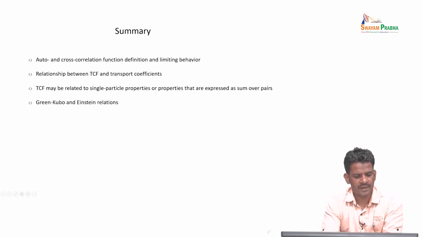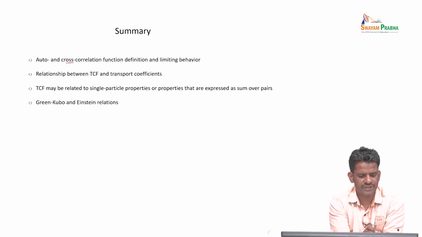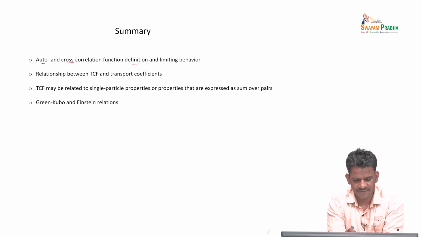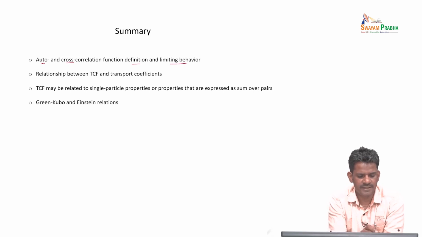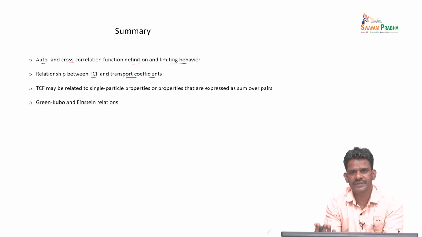So, in summary, we looked at the mathematical definitions of cross correlation and autocorrelation functions, and their limiting behavior at time t equal to 0 and time t equal to infinity. These time correlation functions are related to transport coefficients such as diffusivity, viscosity, and thermal conductivity.